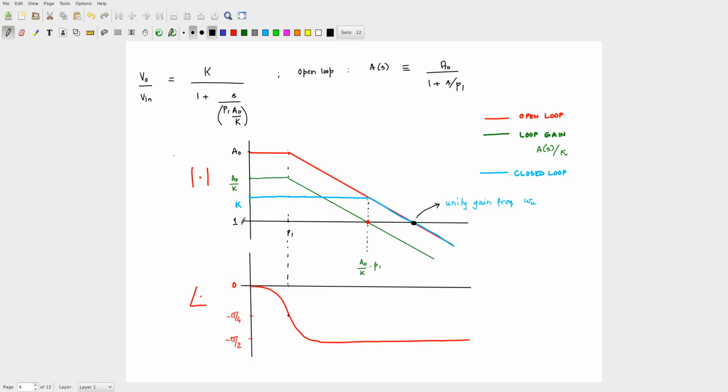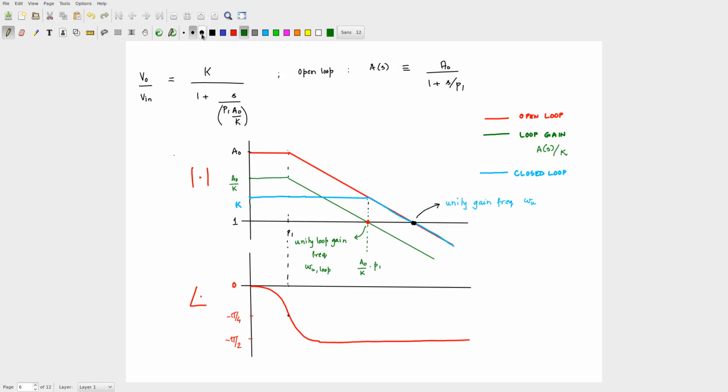Is that right? Okay. What about this quantity, which I will write in green? What is this quantity called? It's called the loop gain unity frequency or unity loop gain frequency. And what is that designated as? Omega u loop. Now I'm not drawing the phase response, but you can very easily draw it.